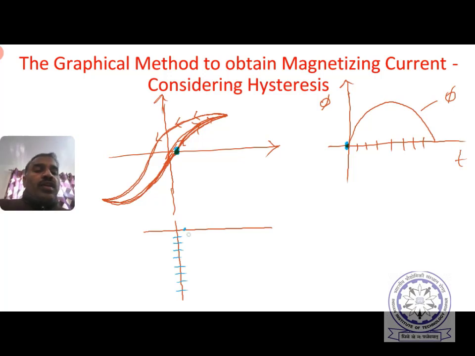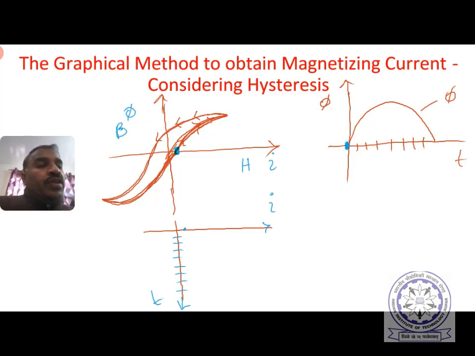Now you can see it is not starting at 0. This is current I, this is time t. It is not starting at 0 because at 0 flux corresponds to non-zero H or I. This is phi or B.